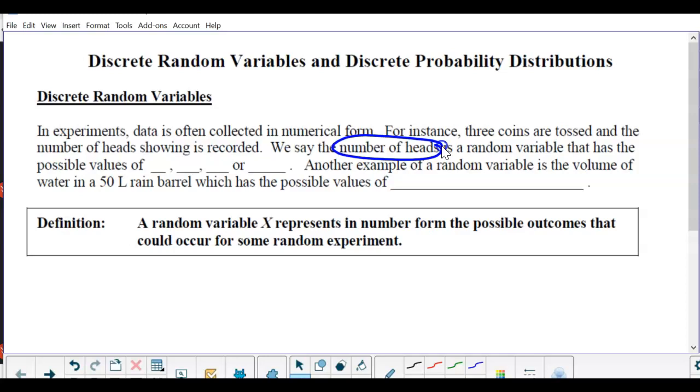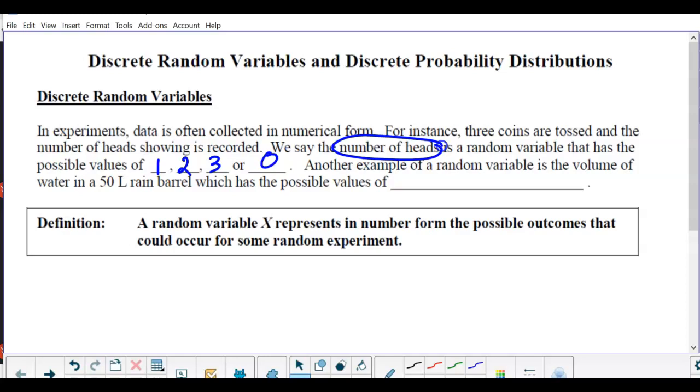You could get 1 out of 3, 2 out of 3, 3 out of 3, or you could have 0. You toss 3 coins, they might all be tails. So there are actually 4 possible outcomes for tossing 3 coins and looking for the number of heads.